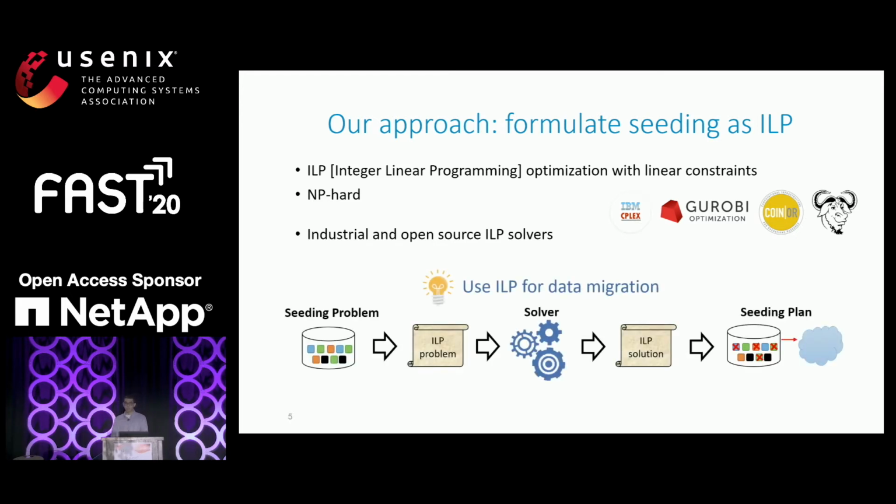The agenda here is that we first start with our seeding problem, then we formulate our integer linear programming problem, which is going to be the input to the solver. After we retrieve the solution from the solver, we apply the seeding plan to our system.